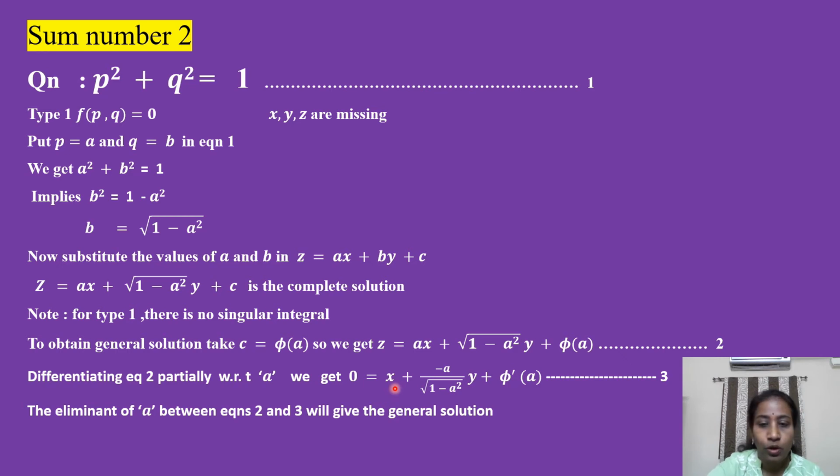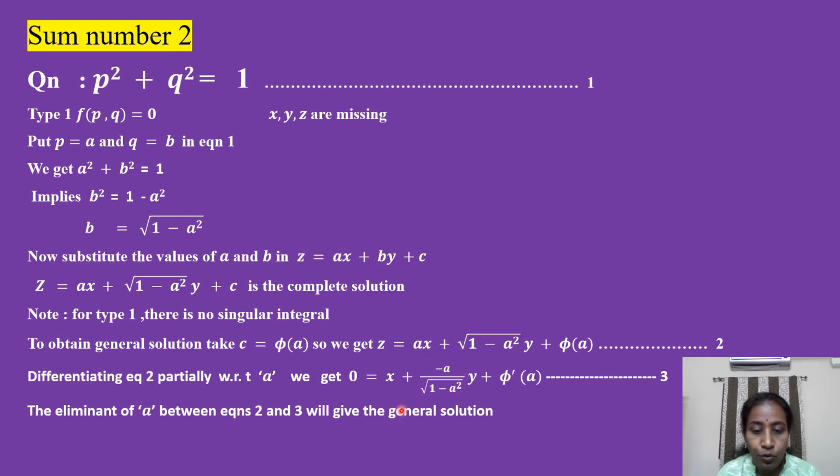I am going to differentiate with respect to a partially. So before that I write it as 1 minus a square to the power of half and then I differentiate. So I get half into 1 minus a square to the power of half minus 1 into this a square, which when differentiated is 2a. So that 2a is also there. So 2 and 2 get cancelled, and I end up with this term.